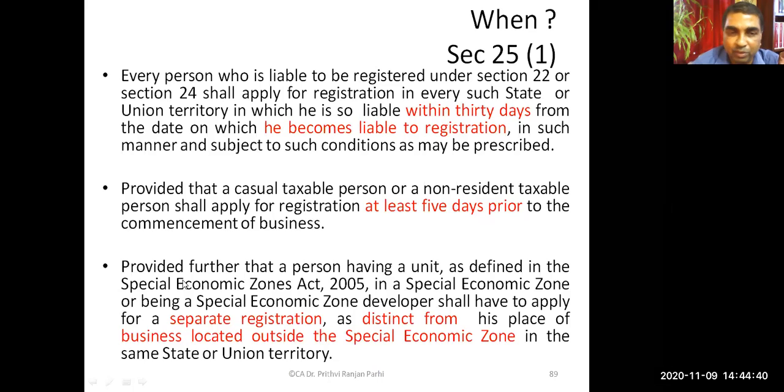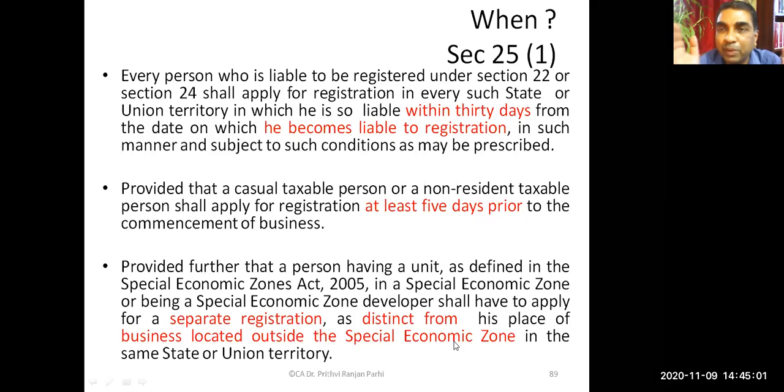I'm reading it for you. A person having a unit as defined in the SEZ, or if that person is an SEZ developer, shall have to apply for a separate registration as distinct from his place of business located outside SEZ.